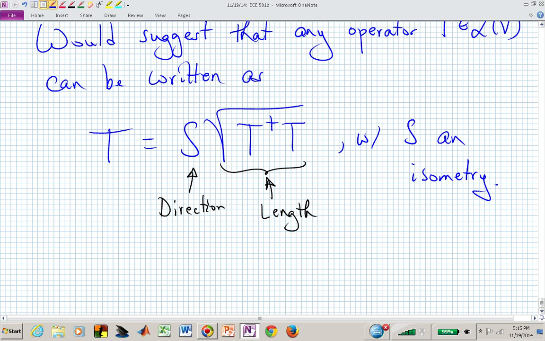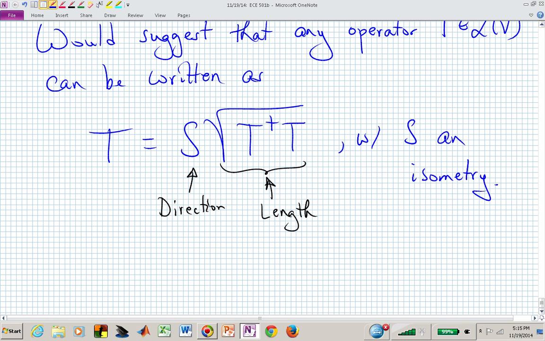You get A squared plus B squared, a non-negative number. So T dagger T is a positive operator, and we showed earlier today how to find the square root of that. So this is the length or the scaling, and S is an isometry, the direction.